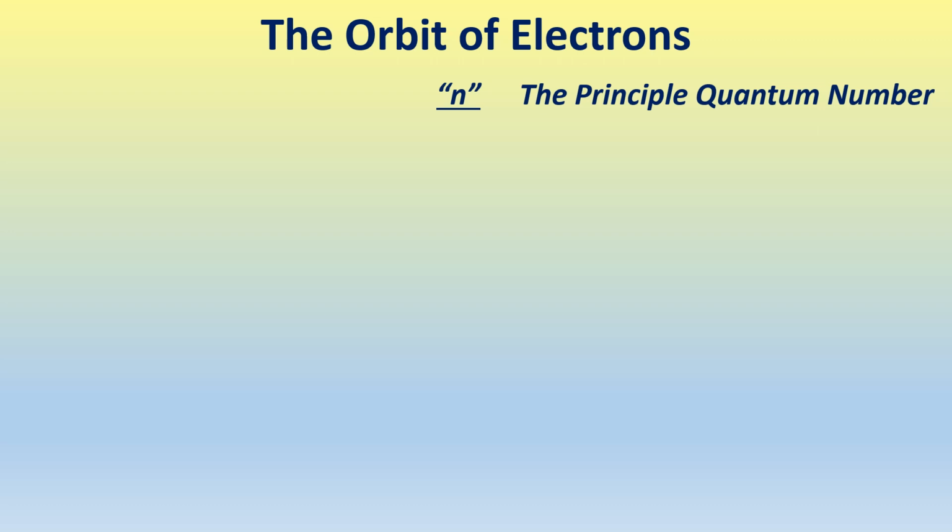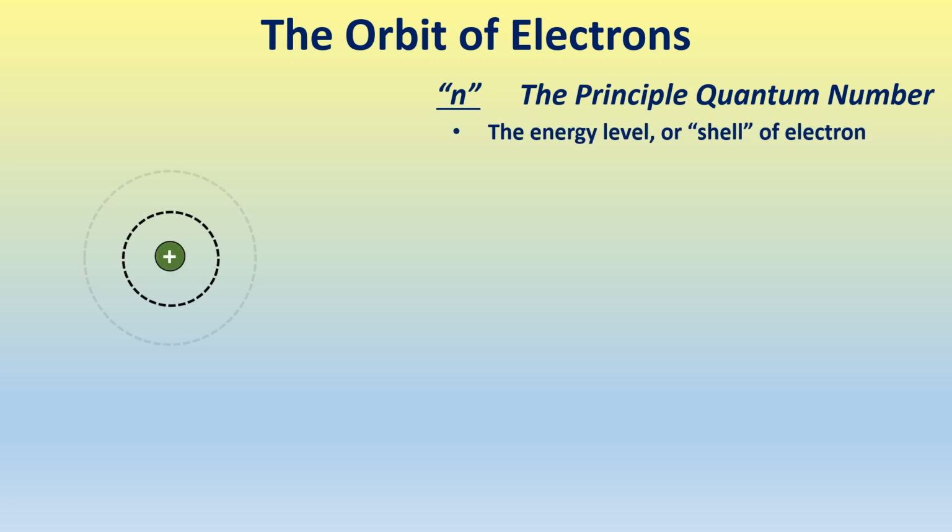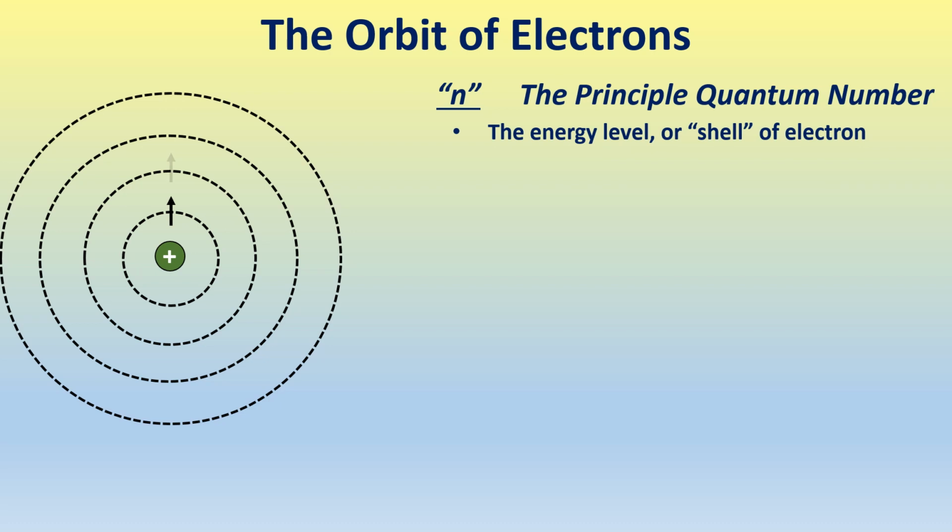In the case of the atom with the orbit of the electrons, Bohr was right in his first estimate. There is an orbit level. n is the principal quantum number. It's called the energy level or the shell of the electron. That electron can be any given number of set distances away from the nucleus.